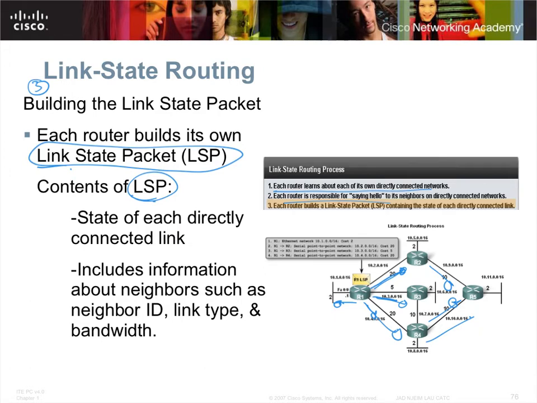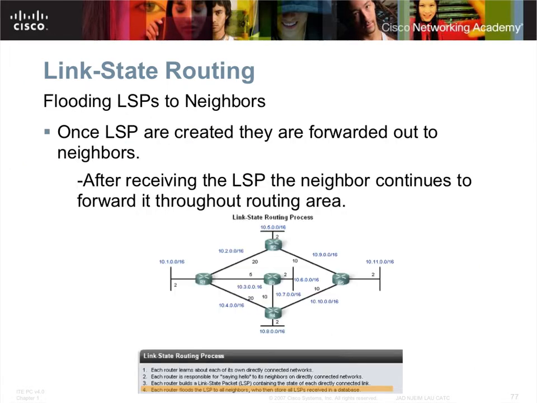But then all the neighbors have to forward this link state packet to all other neighbors and so on, until everyone in the autonomous system gets a copy of this link state packet, and then they have to form their own link state table, as we will see.